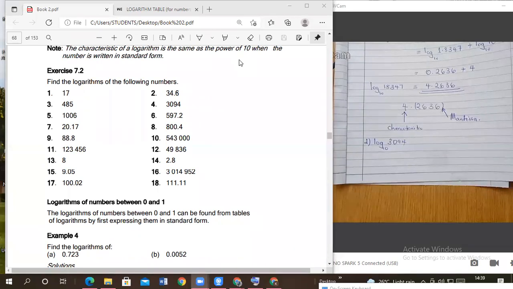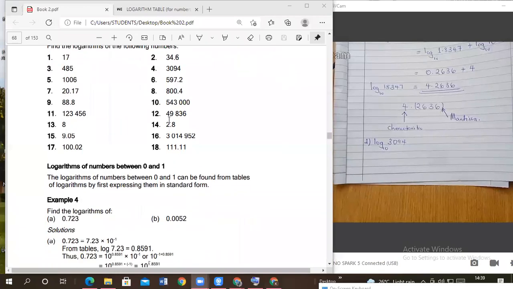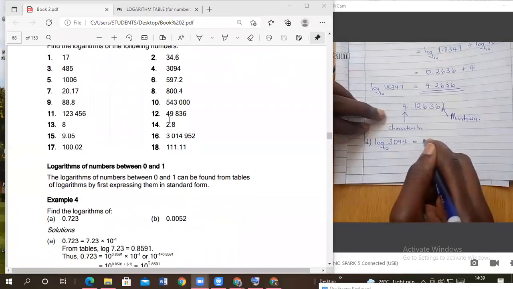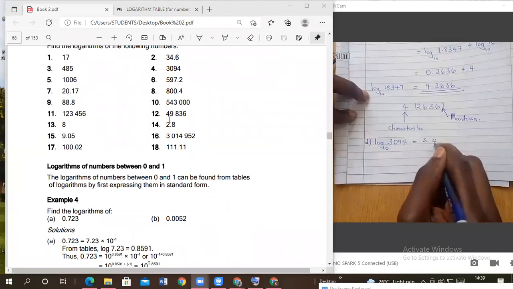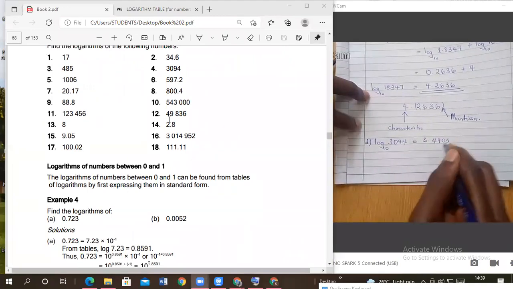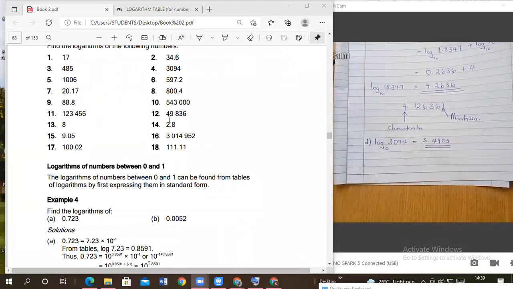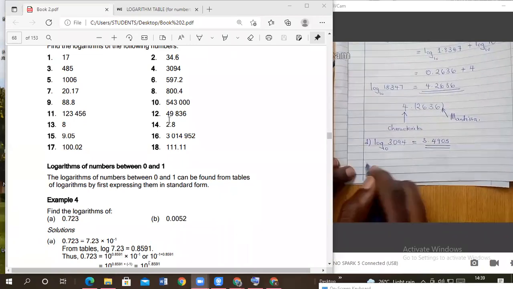You read well. So is 3.4905. Okay. What about this one?